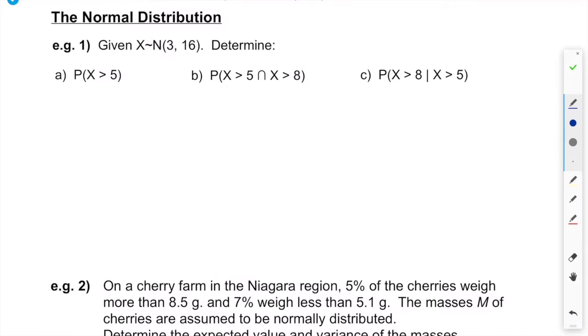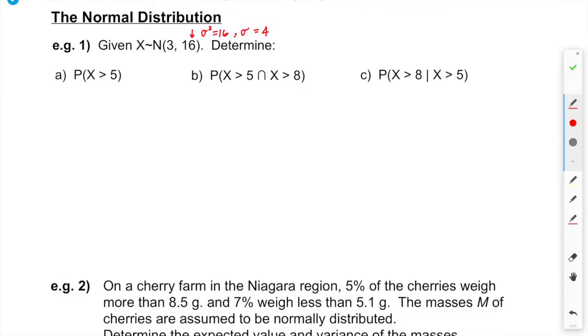Given that x belongs to a normal distribution with a mean of 3 and a variance of 16, determine p of x greater than 5. So the key in this question is to notice how 16, given to you in the question, represents the variance. As such, the standard deviation is actually just 4.